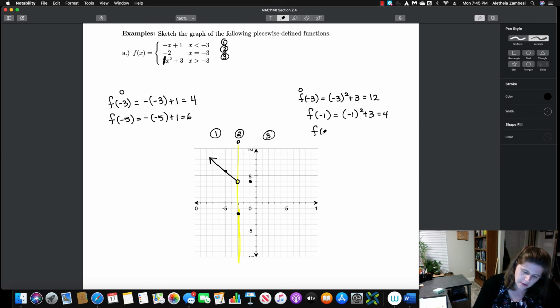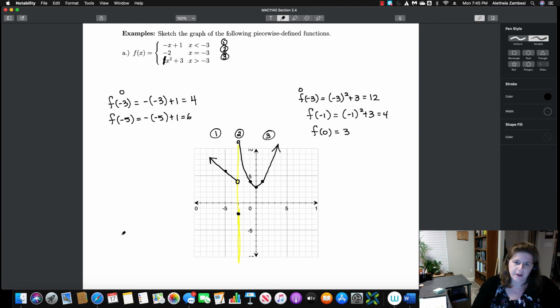F of 0, 0 squared plus 3 gives me 3. And if I go on the other side, this negative 1, plugging it in, gives me positive 1. Also true for positive 1. So I can get a basic idea of what this parabola looks like on that side there.